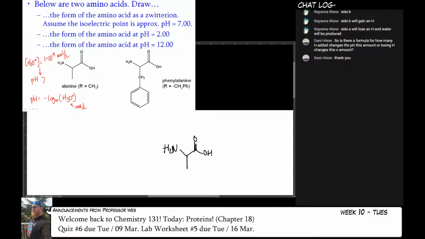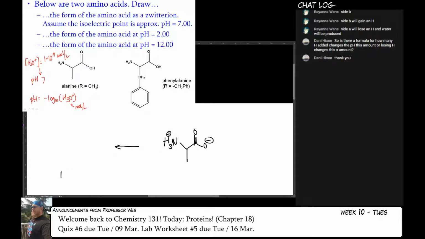All right, so first let's do the zwitterion. The zwitterion would be this goes away, and this becomes a positive. There we go. And then at low pH, the amine would be protonated, and so would the carboxylate.